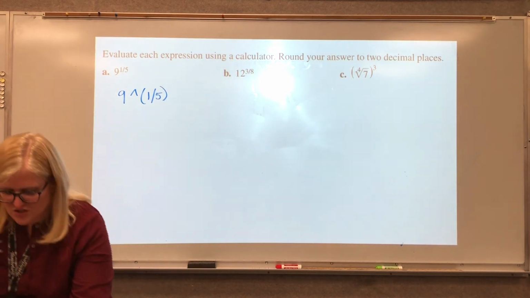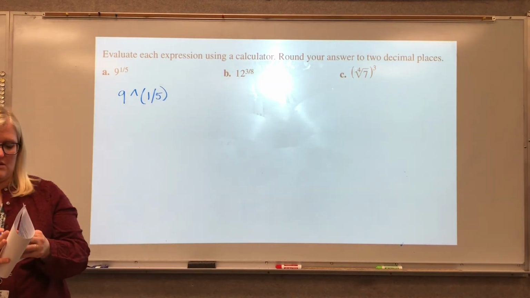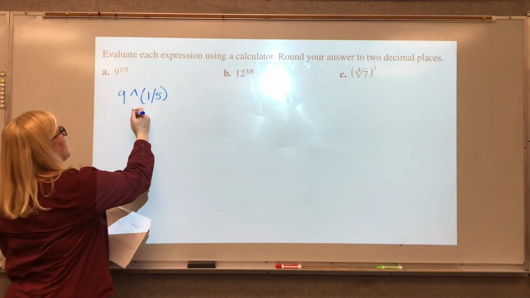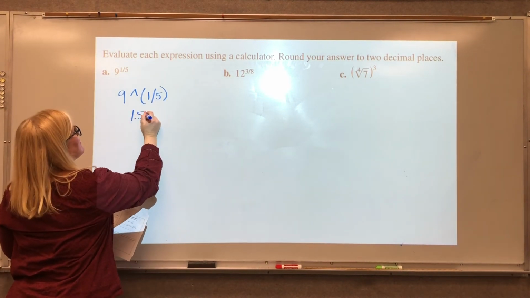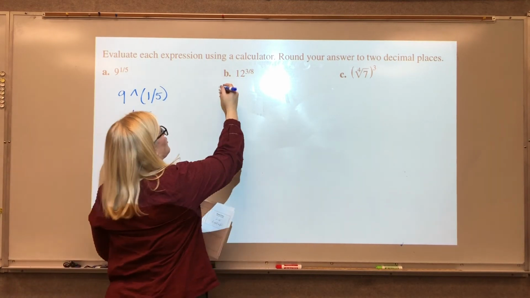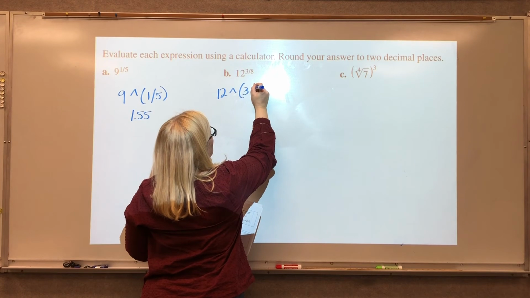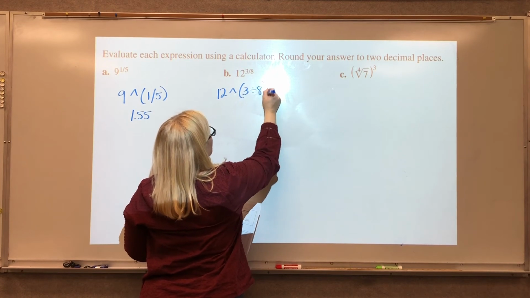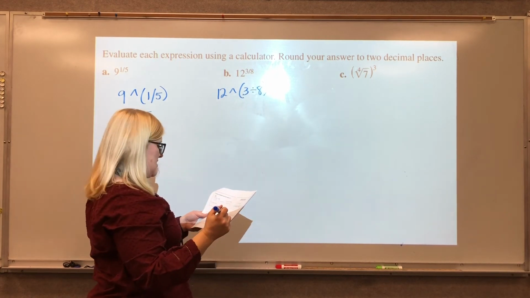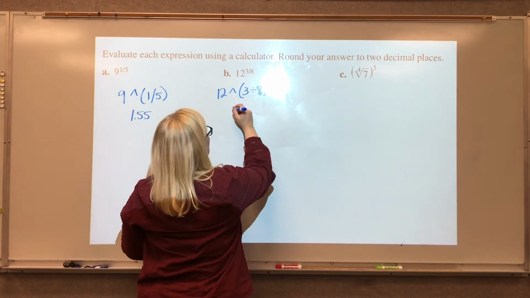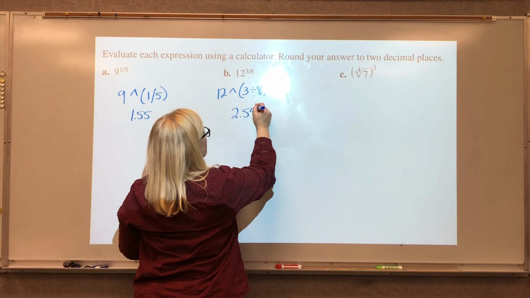And the answer is, this one's 1.55. Okay, this one you'll put in 12, caret 3 divided by 8, maybe your calculator does that. And the answer to this one is 2.54.